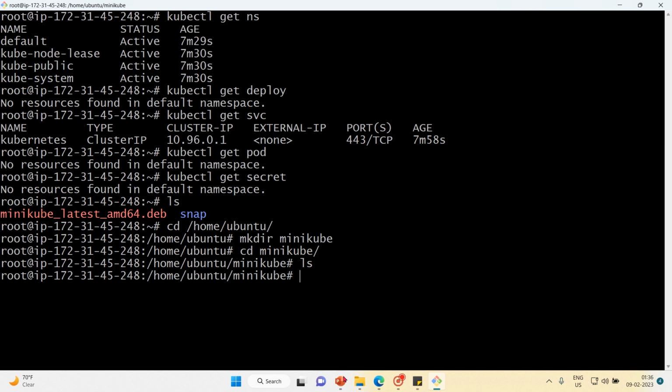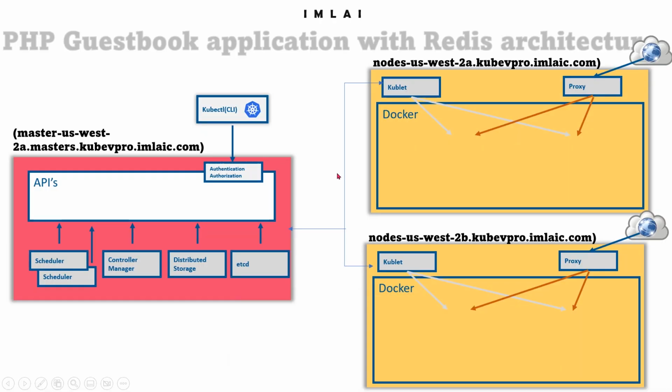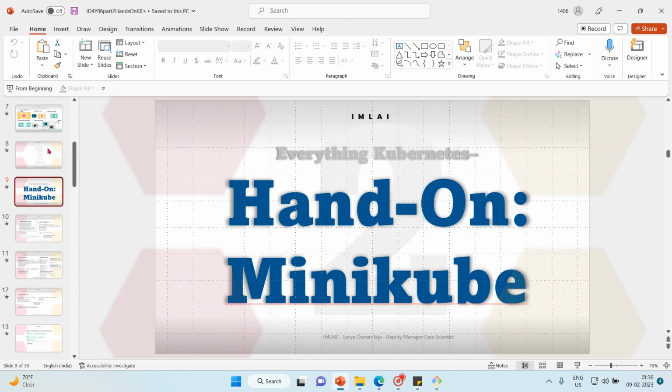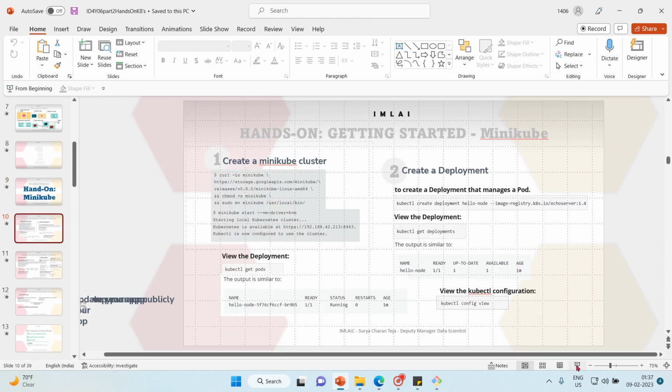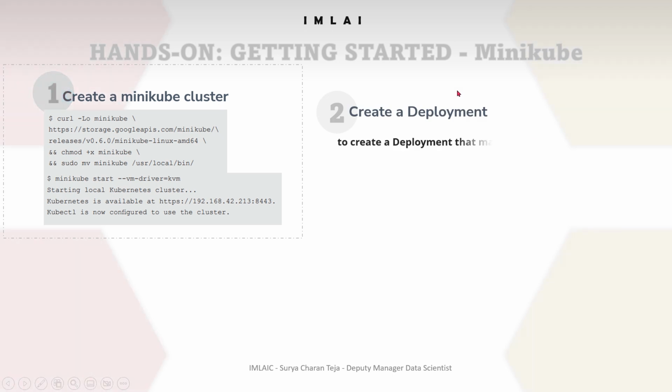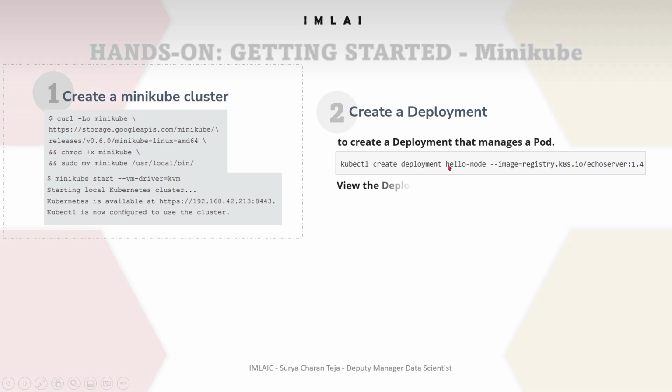Okay, but before that, let's get into our PPT. So where are we now? Yeah, minikube. This is the slide we are on. So the first one, creating a minikube cluster, is done. Now the second step is to create a deployment. Basically, if you create a deployment, it's going to create a pod object and a replica set object also.